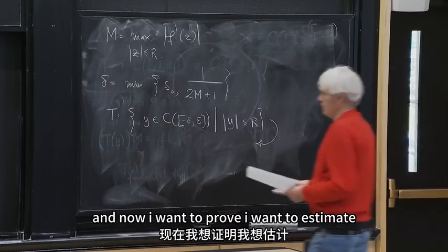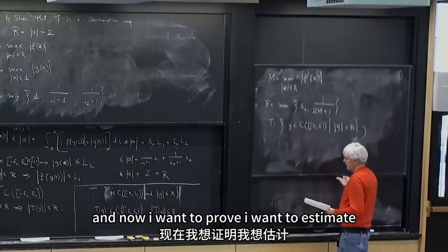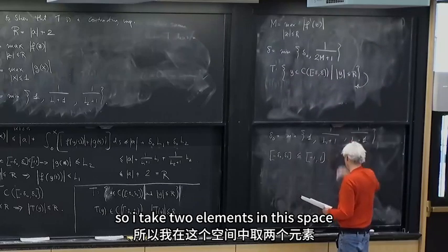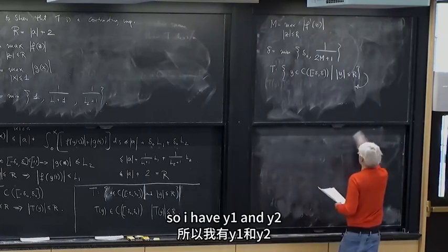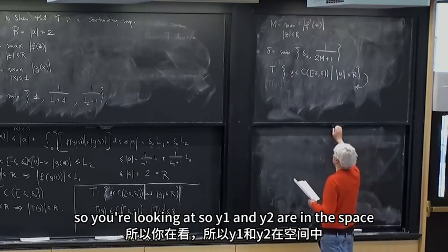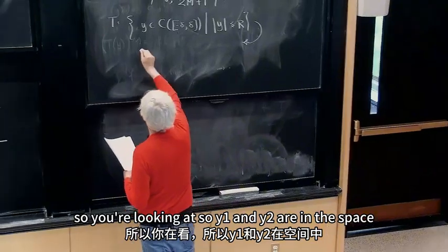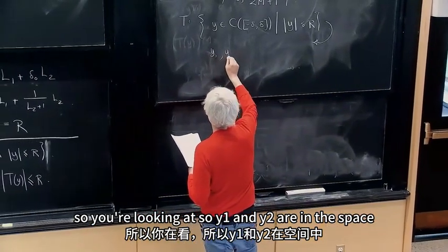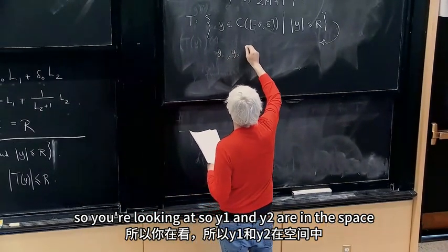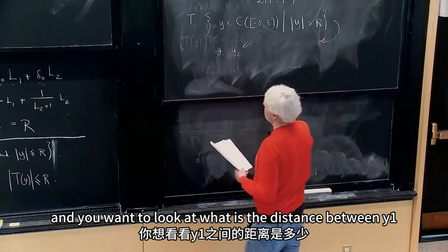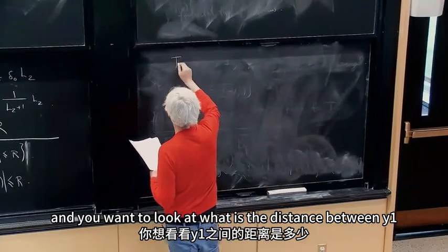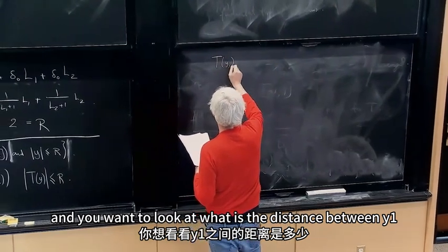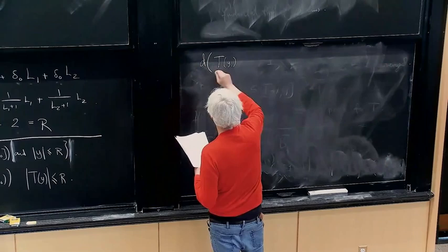And now I want to estimate, so I take two elements in this space. So I have y1 and y2, and they are in this space. And you want to look at what is the distance between y1 and y2.